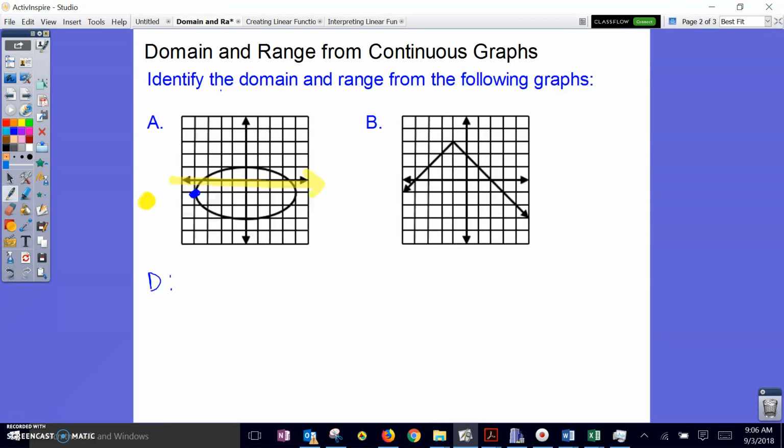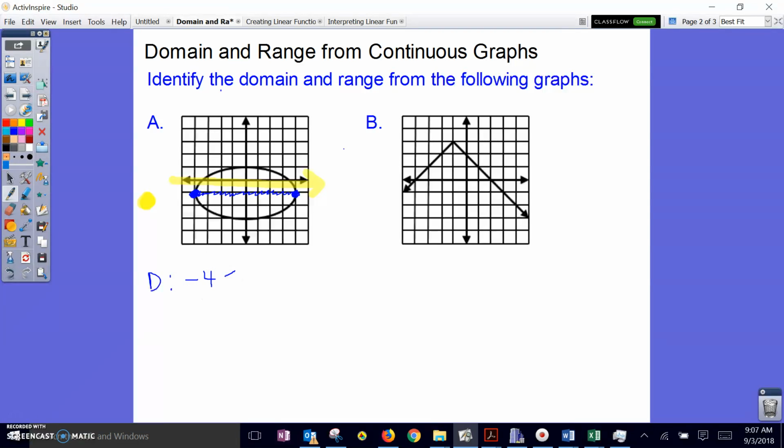Now as I continue to read from left to right, there's points on the graph, there's points on the graph, keep reading, there's still points on the graph, all the way until I get over to here. After that point, there are no more points on the graph. And so my domain is going to be represented by all the values between these two. I can write this as an inequality. It starts at -4.